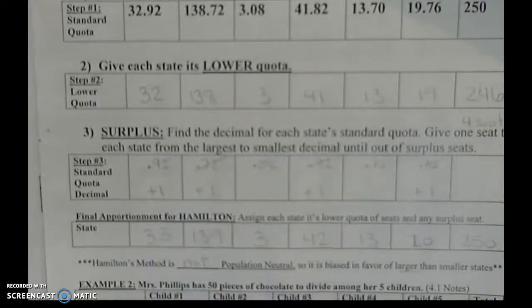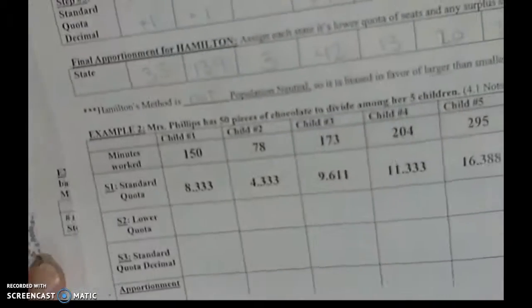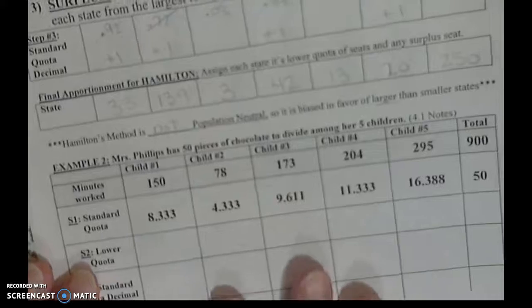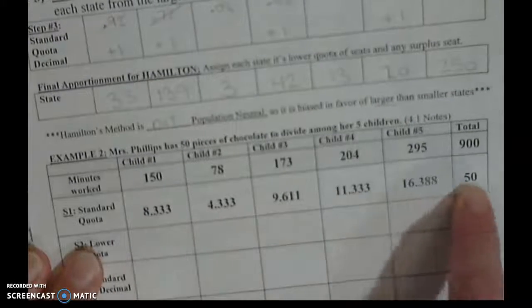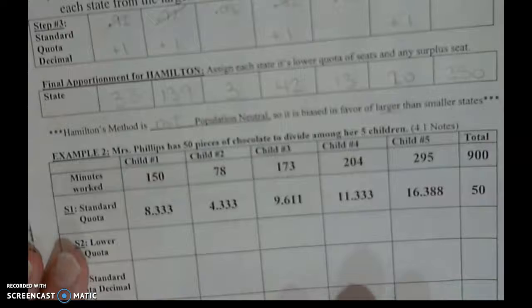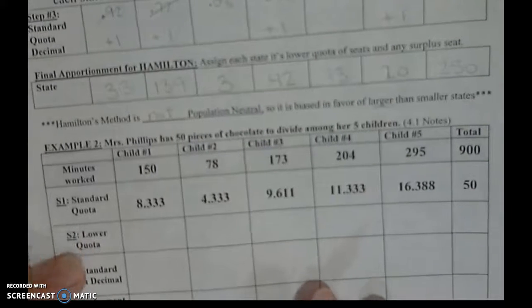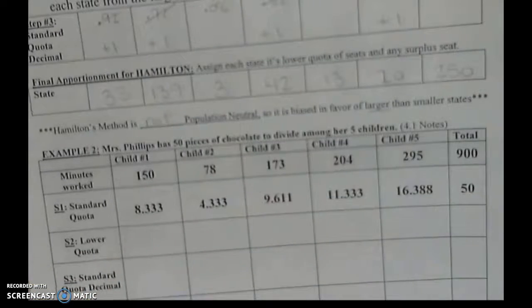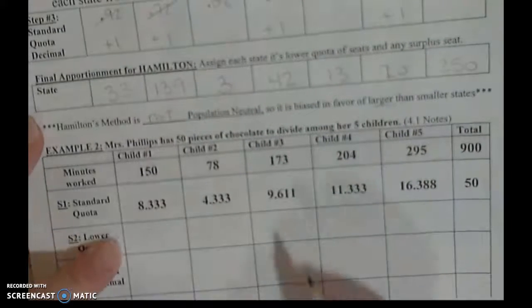So let us take a look at example 2 here. And we're just going to do the same thing. They want us to apportion it by the Hamilton method. They've done our work for us here. They've given us our standard quota. So that just saves us a few steps. So once again, once we find the standard quota, step 2, apportion out the lower quota.